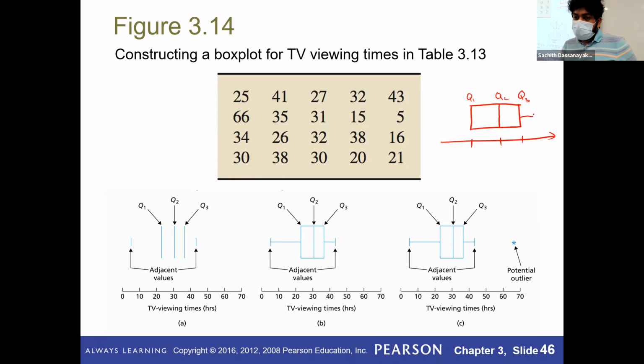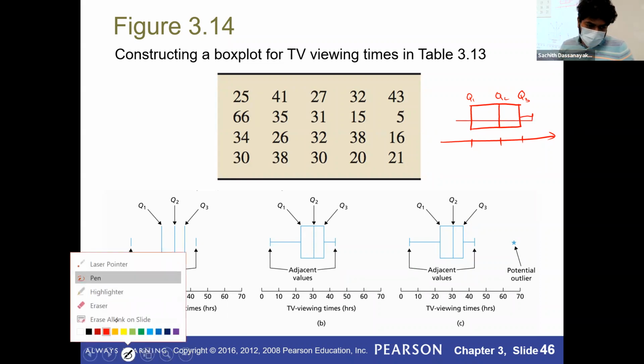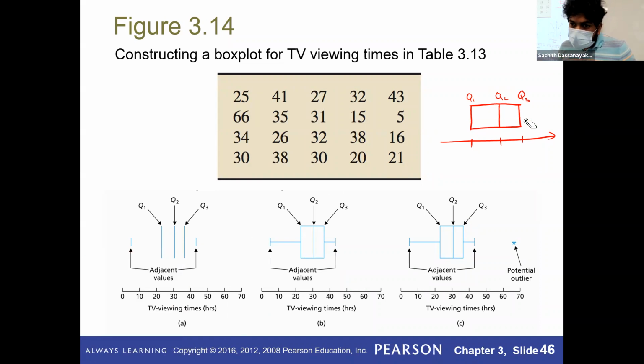The ends of the tails represent the minimum value and maximum value. These last two ends represent the minimum and maximum. This side is the maximum, and this side is the minimum. Not the boundaries: minimum and maximum, min-max.